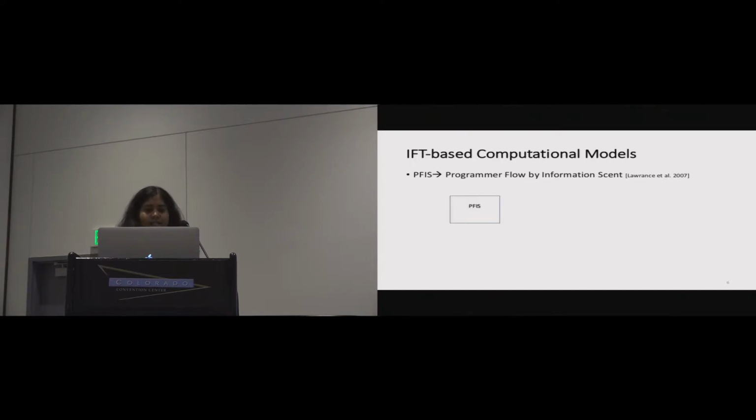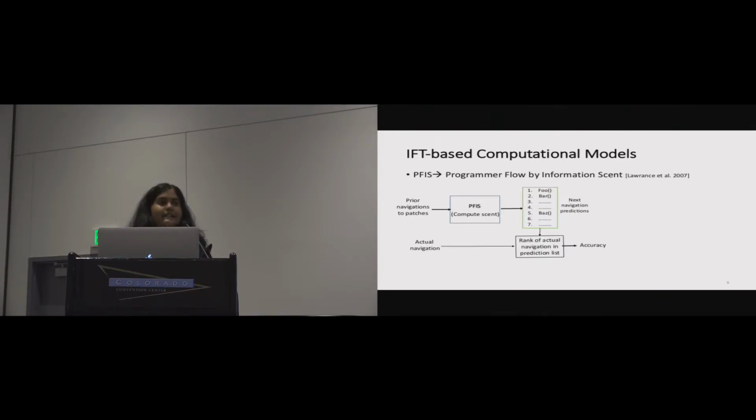And here is how this works. It looks at which patches a programmer has been to before. Remember, here patches are methods. It computes what scent the programmer would perceive and basically predicts where the programmer is going to go next. In this specific case, it outputs a ranked list of predictions for the next navigation. And then you could compare this against the actual navigation and see how accurate the model is.